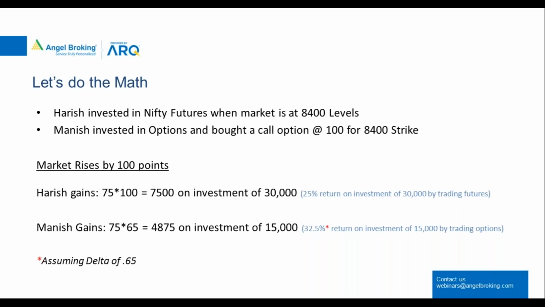Whereas Manish gains 75 into 0.65 into 100, that is 4,875 on an investment of 15,000. Here we are assuming that the margin requirement is far less for trading options. So you can see that the return on investment on trading options is significantly higher as compared to the return on investment when you are trading futures.